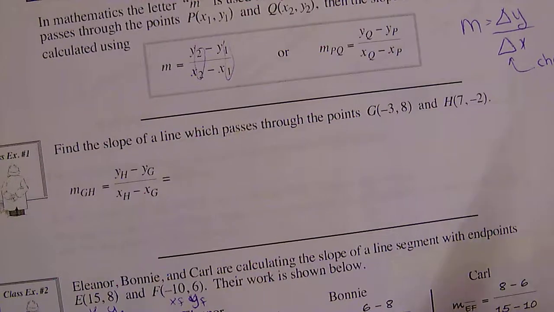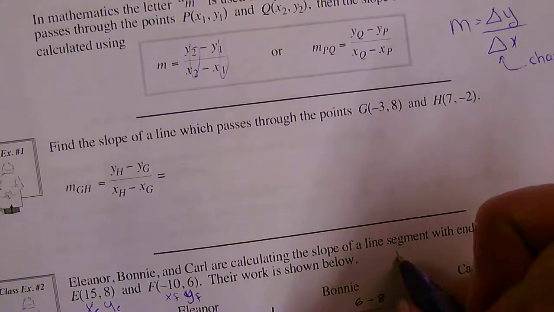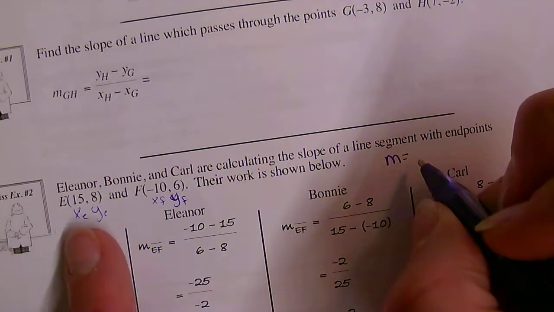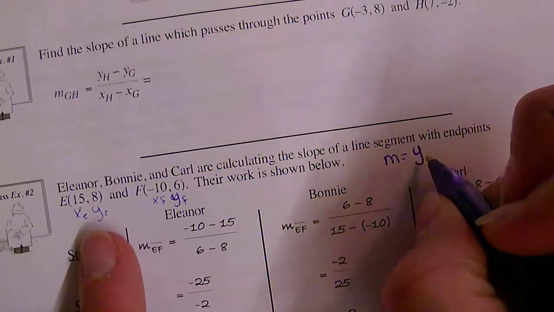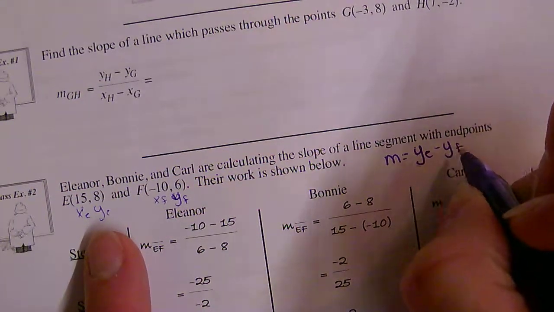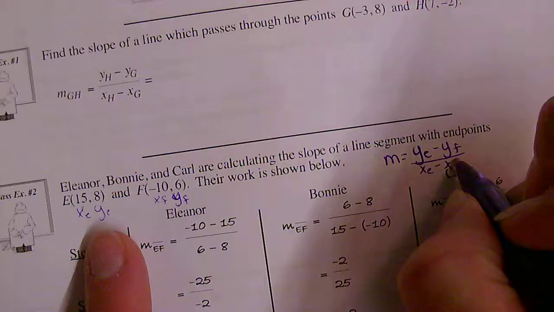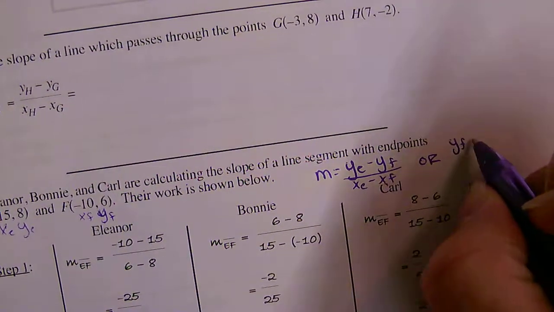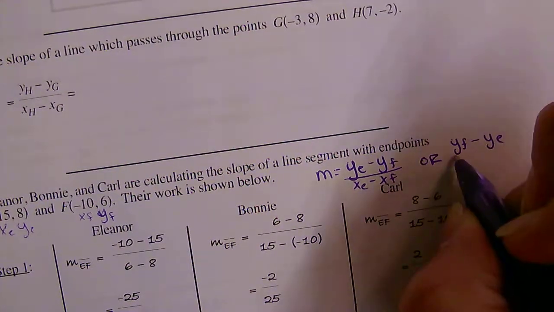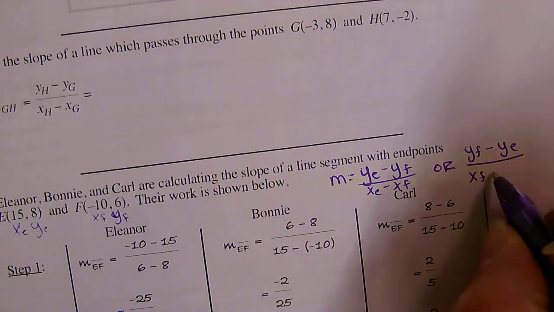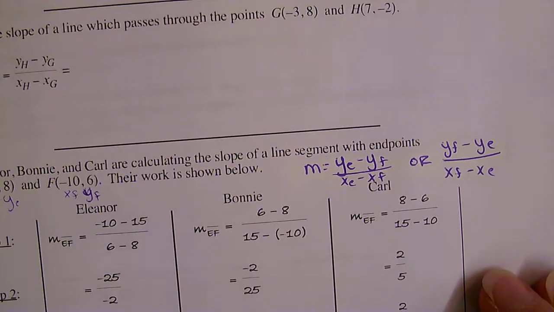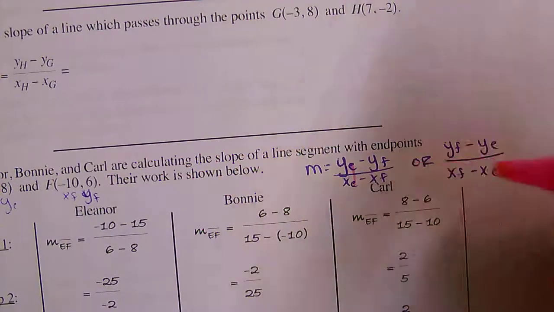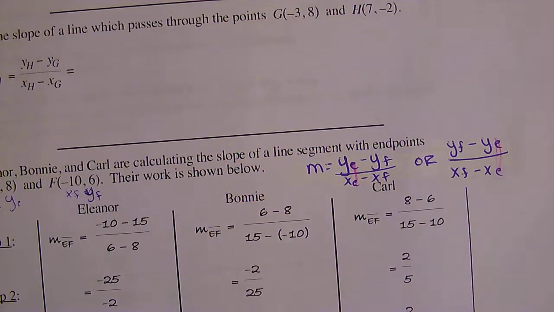Then the slope is going to be the change in y, so ye minus yf over xe minus xf, or we could put the f's first, yf minus ye divided by xf minus xe. Both of those would be okay, as long as the coordinating points are over top.